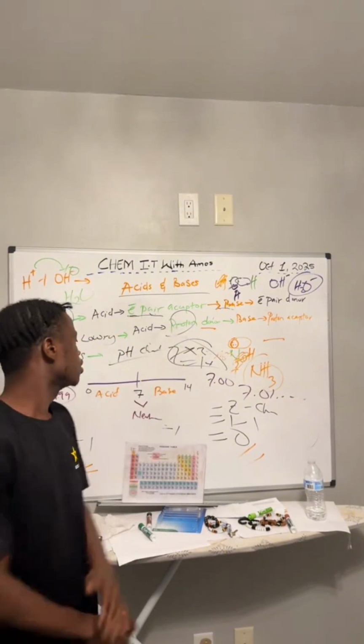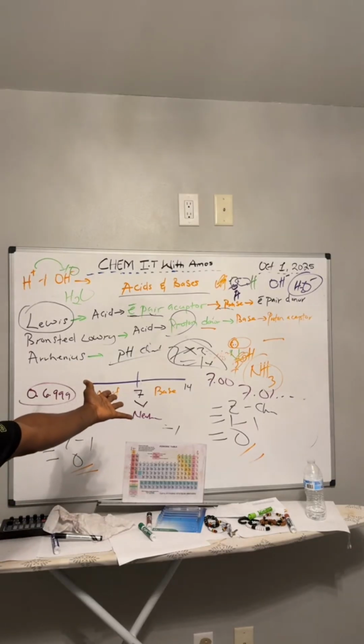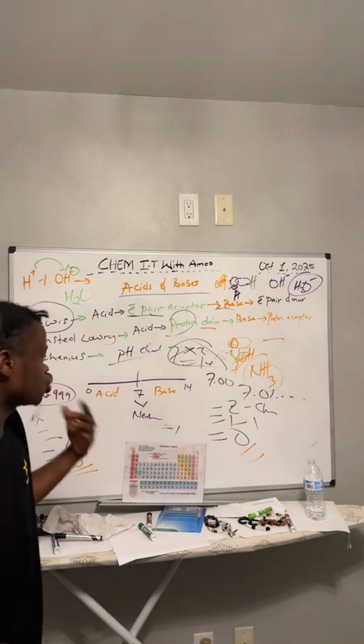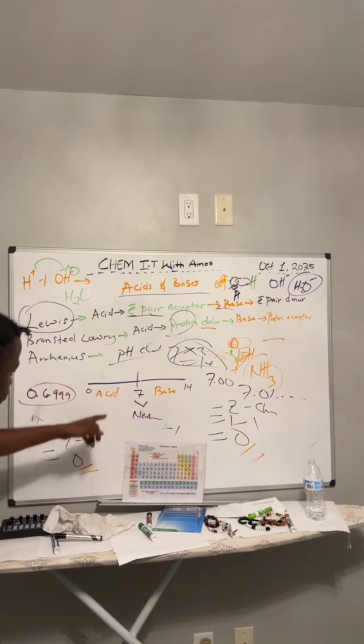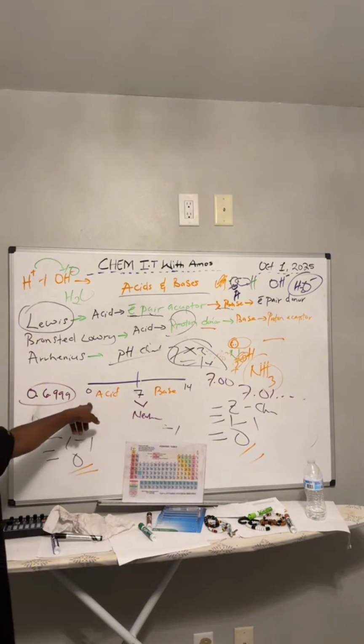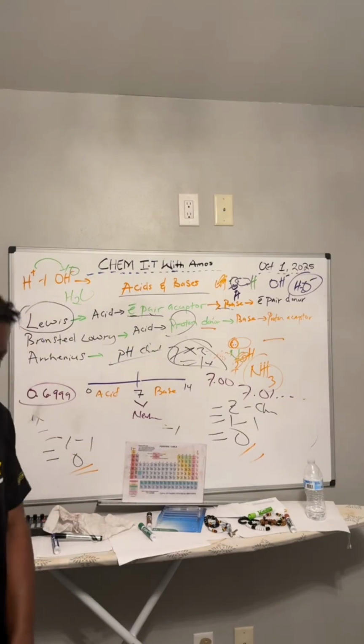So logically, if you look at this particular chart or diagram, what does it show? It simply means that the lower the number of an acid, the higher the strength of the acid.